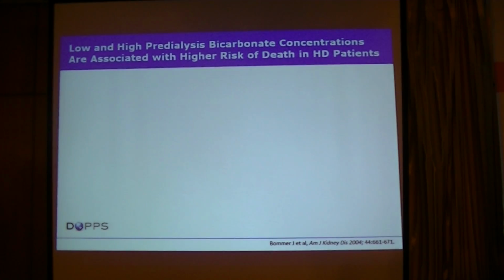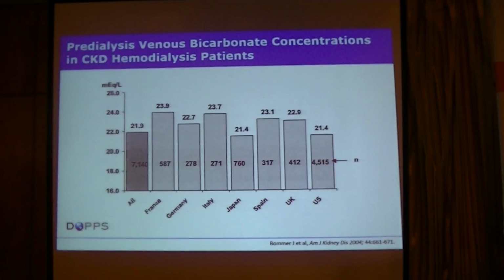This is the impact of this bicarbonate in the patient, and what are the practices today. So this is coming from the DOPPS, 2004 from Bonner. If you look at the bicarbonate, this is the bicarbonate pre-dialysis. And you see, according to the country, of course, for example, in France, we are 29 or 24.